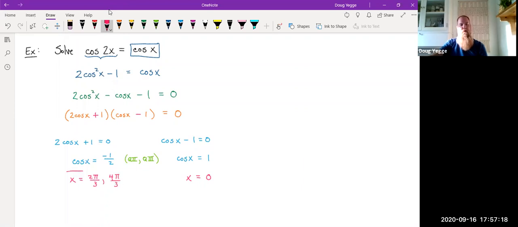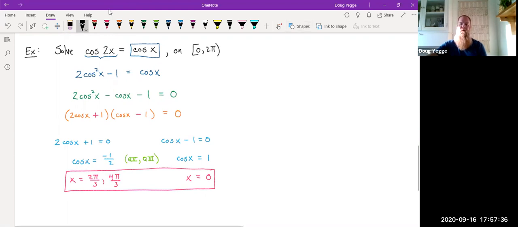And so all three of these angles are the solutions to x in my first rotation on 0 to 2 pi, which is what I should have stipulated up here as well if we only wanted to find solutions on the interval from 0 to 2 pi.